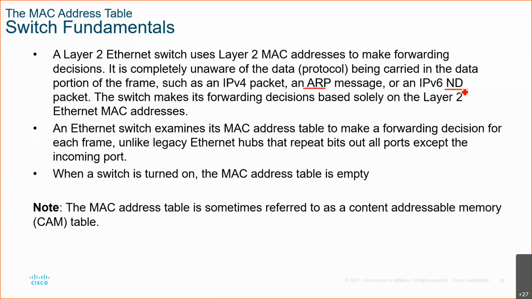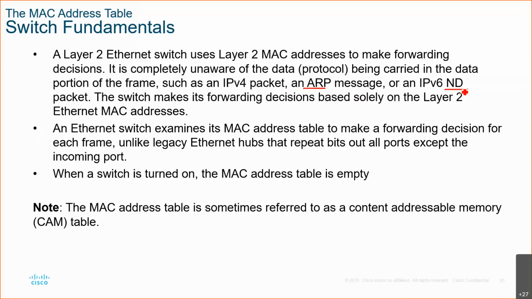Every time you connect a device to your switch, it will examine its MAC address and build a table inside it. Every time it needs to access that machine, it looks at the MAC address in the MAC table and accesses the machine.